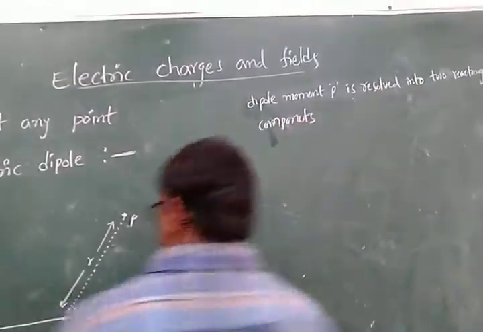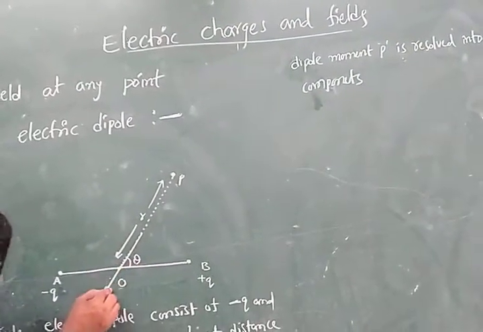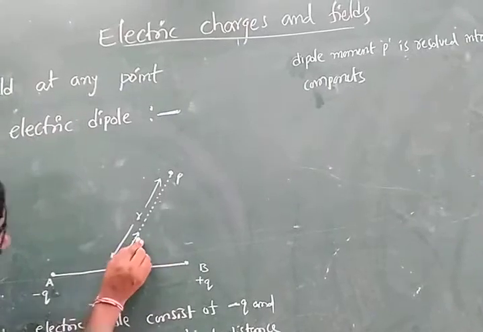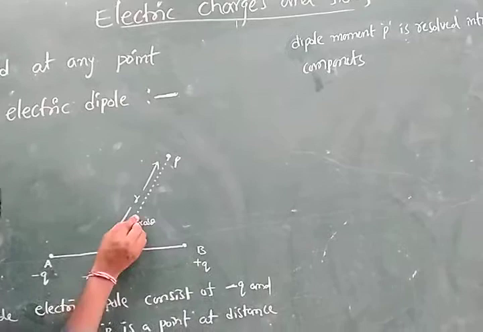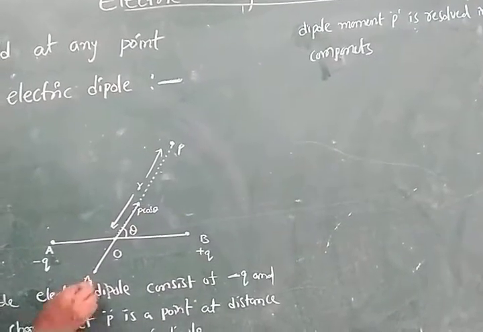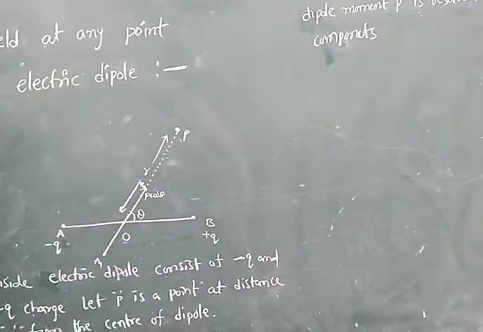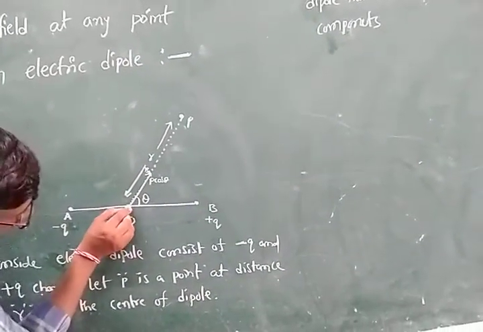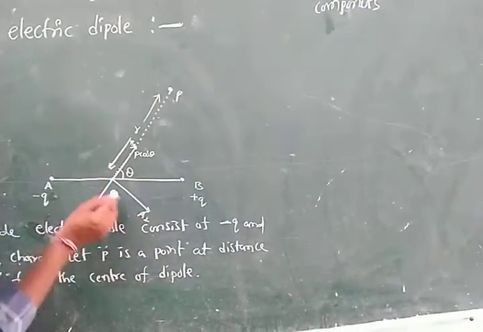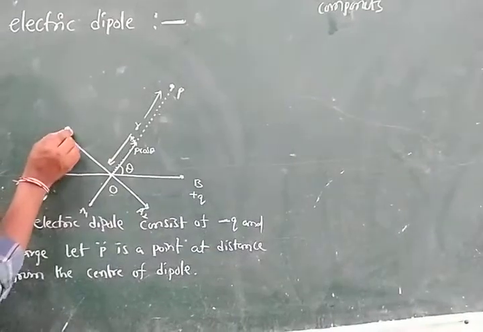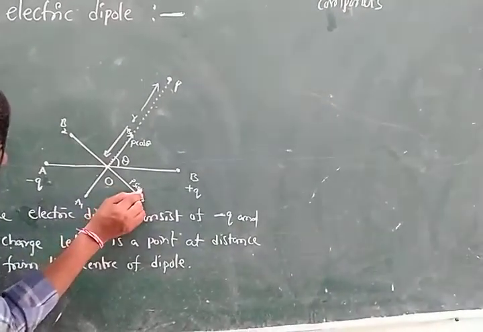One is along the line, which is p cos theta, and another is perpendicular to this line, which is p sin theta.